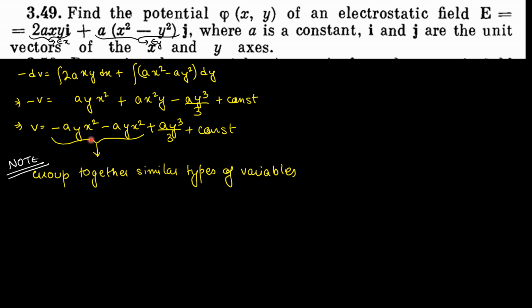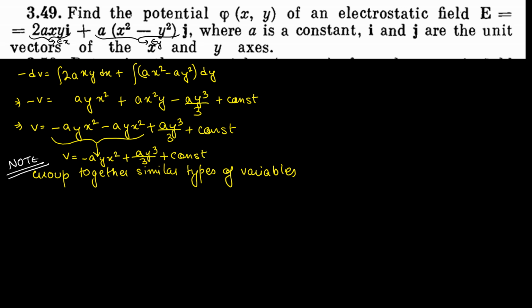What I mean by that is, these two, V would be equal to minus ay x square. That means if this variable is there two times, I'll just write it one time only, plus ay cube by 3 plus some constant.